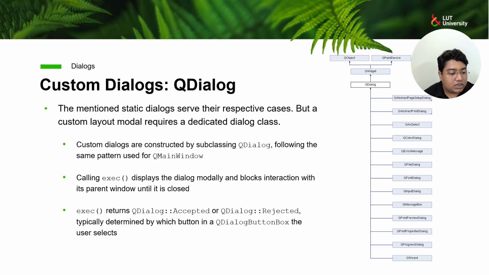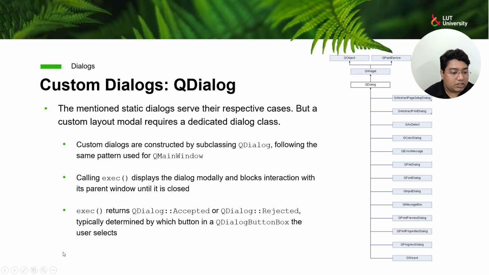In these situations, we create our own dialog by inheriting from QDialog. The process is actually very similar to creating QMainWindow. We design the interface, we add the widgets, we connect the signals and slots, and then display the dialog whenever it's needed.